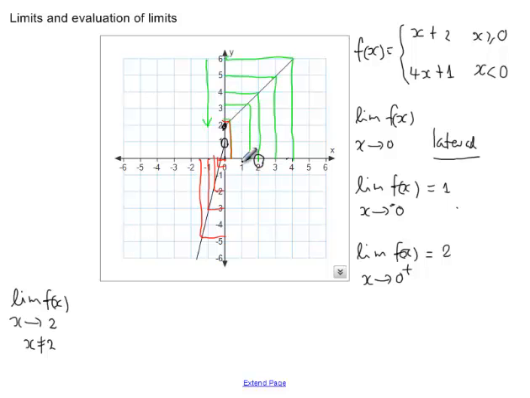When you get at 1, the function is more or less there. What's happening? It's increasing, isn't it? Then when you get here, the function is somewhere there. When you get just close to 2 here, the function is somewhere there.